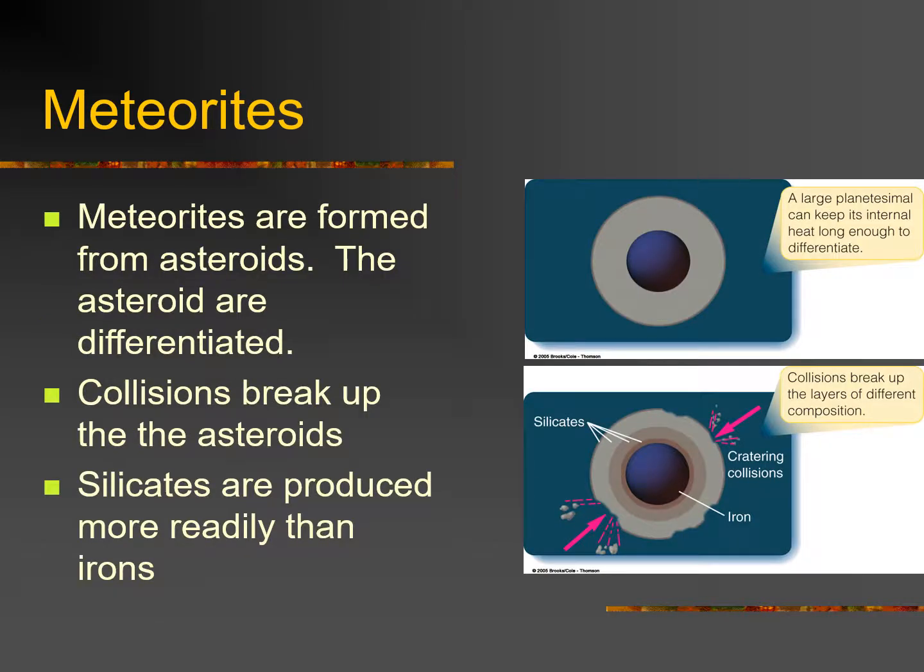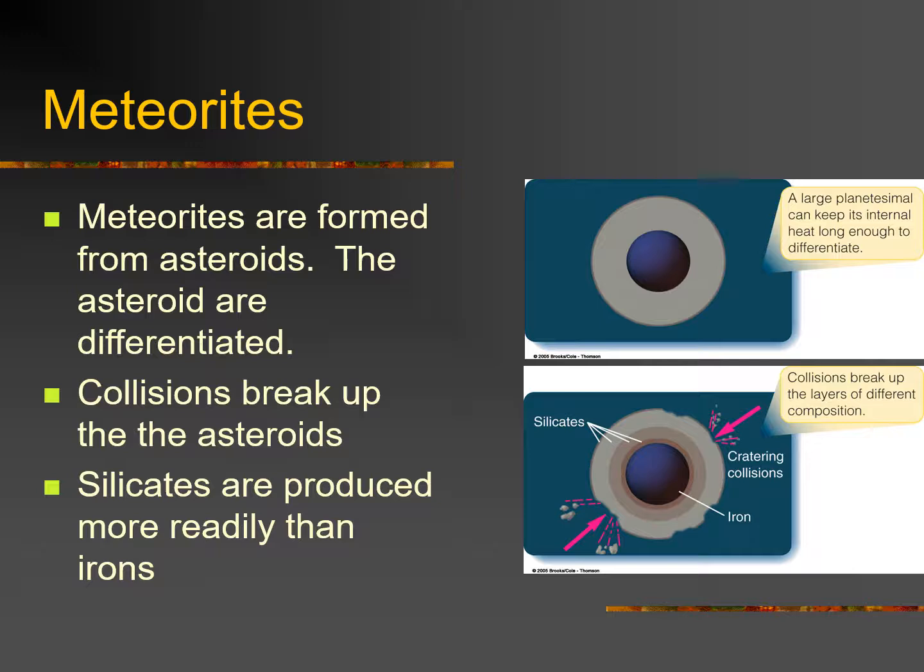Most meteorites are formed from asteroids through collisions. So if you take a look at the picture on the right-hand side, you can see an asteroid. It's a large planetesimal. It's been internally heated for a long period of time. That means that the inside is going to be able to become heavier, and the outer layers are going to be less dense.